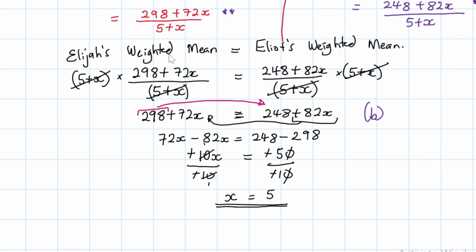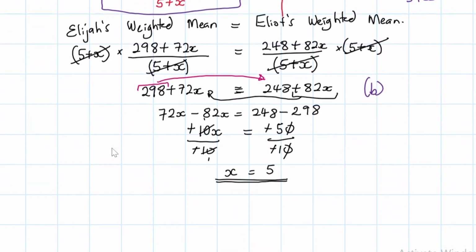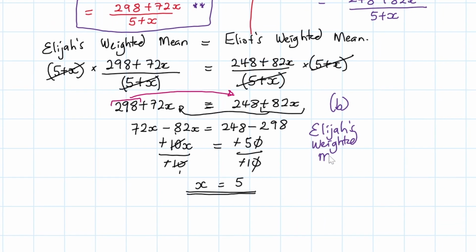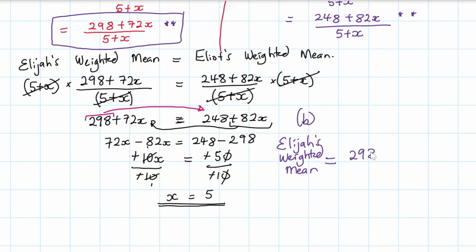If you look up here from our calculations, this is Elijah's weighted mean expression. So it's a matter of substituting the value of x into this to get Elijah's weighted mean. Elijah's weighted mean is equal to 298 plus 72x, divided by 5 plus x.